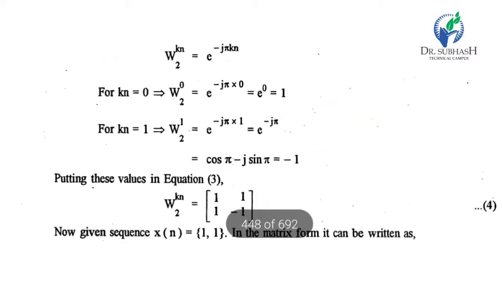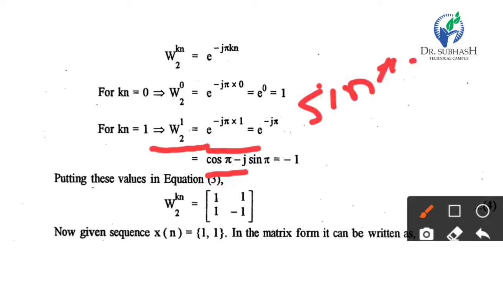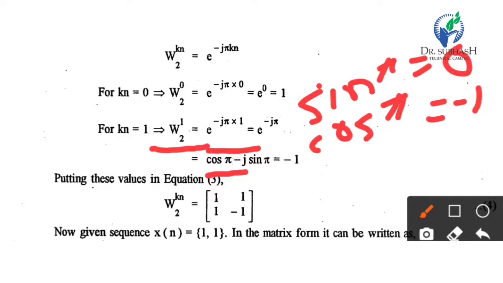For kn equal to 1, W_2 raised to 1 equals e raised to minus j pi multiplied by 1, so it is e raised to minus j pi, which is cos pi minus j sin pi. But sin pi is always 0 and cos pi equals minus 1, so its value equals minus 1.